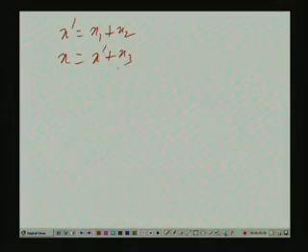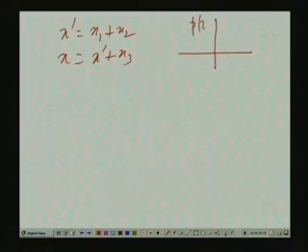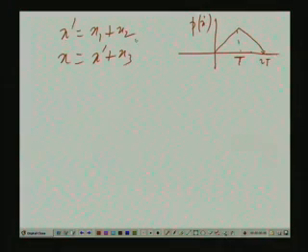We have seen already that if you call x prime as x1 plus x2, and x equal to x prime plus x3, which is nothing but x1 plus x2 plus x3. Now, we have already seen p of x prime is a triangle function, center is t and goes up to 2t. We also know the mean of x prime, that is mu 1 plus mu 2, and the variance of x prime, sigma 1 square plus sigma 2 square.